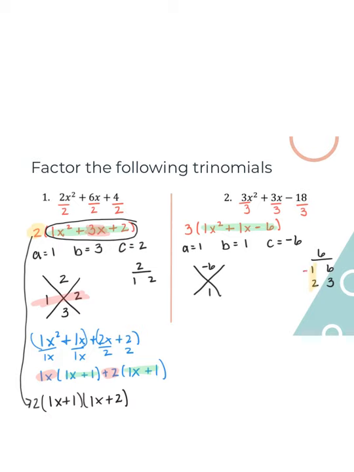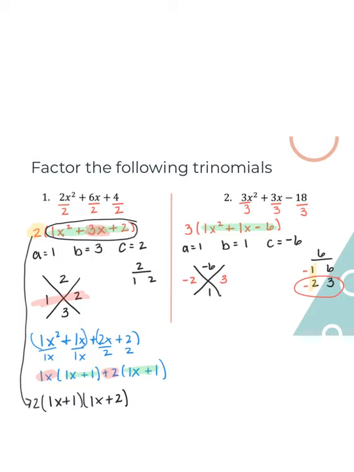So I could put a negative here and a negative here. So negative 1 plus 6 will give me a 5, and negative 2 plus 3 will give me that positive 1. So these are the ones that I'm going to use. So I'm going to have a negative 2 and a 3 on each side.